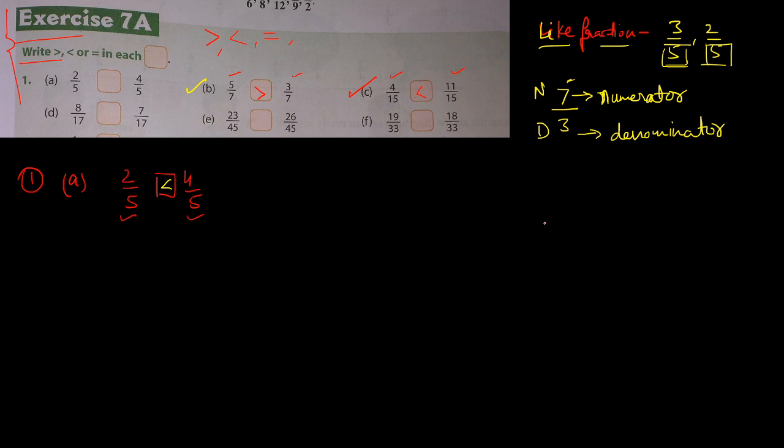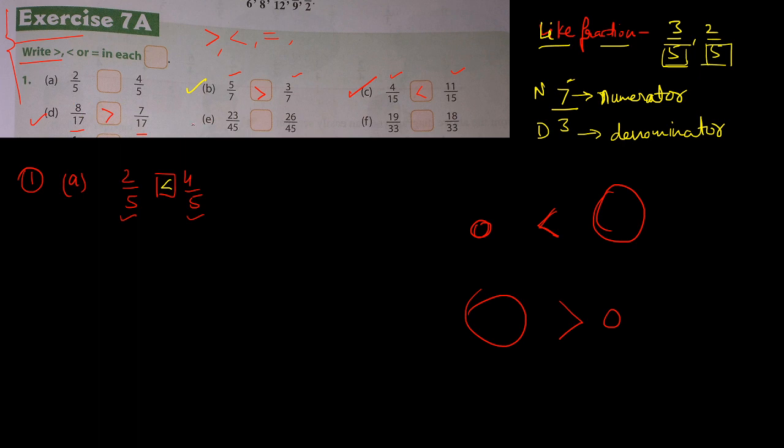Always we use this sign for greater. For example, if this is greater and this is lesser, then we will use this sign. If this is greater and this is lesser, we will use this sign. Now in part D, as you can see, denominators are the same. Which is greater, 8 or 17? 17 is greater, so 17 is greater.